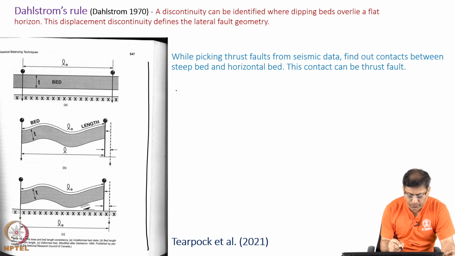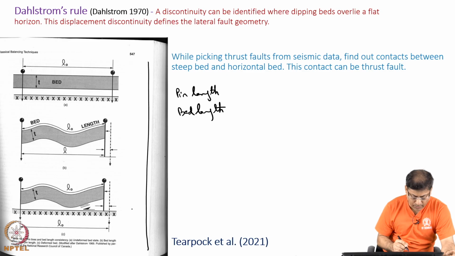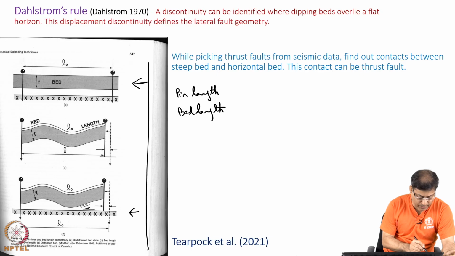Different terms are used: pin length and bed length. Start looking from here, say this is the cross section to be balanced. So, our aim is to come to this phase of undeformed horizontal layers. Consider that the folded layer has an orthogonal thickness of T and the curved length of this layer is L0.